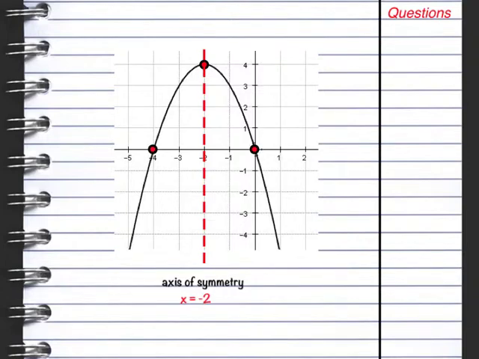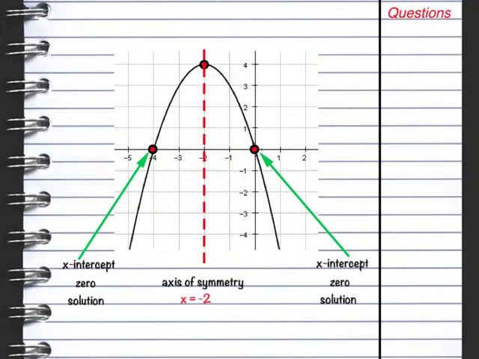Some other points to be aware of is, where does your parabola hit the x-axis? Here it hits twice. And these are what is known as your x-intercepts, but there's some other names they can go by as well. They're called zeros. They're also known as the solution. So whenever we're solving a quadratic, these would be the points we're solving for, the x-intercepts.